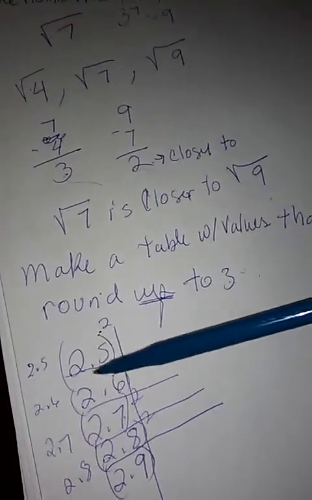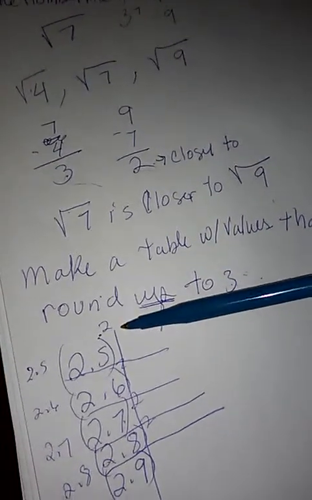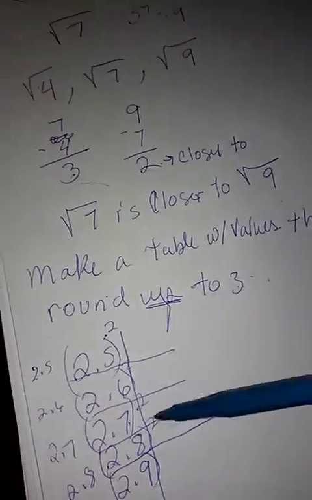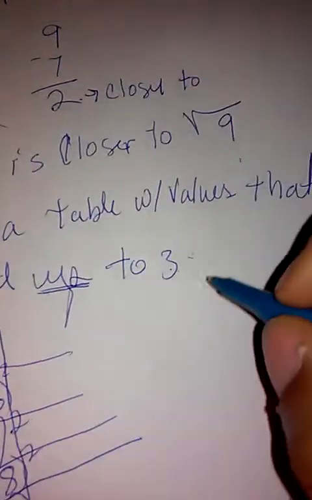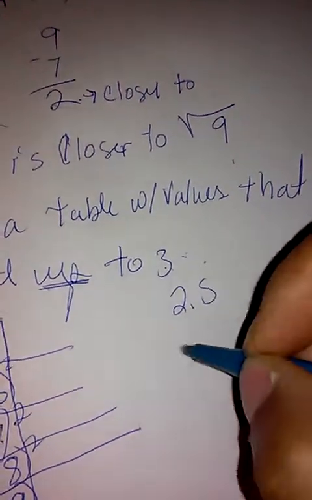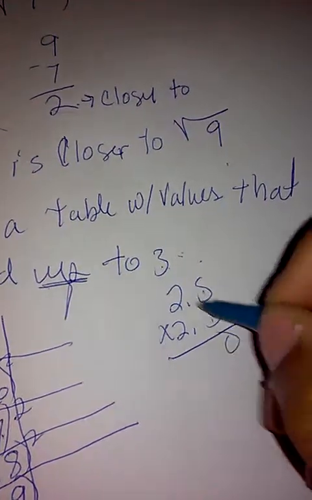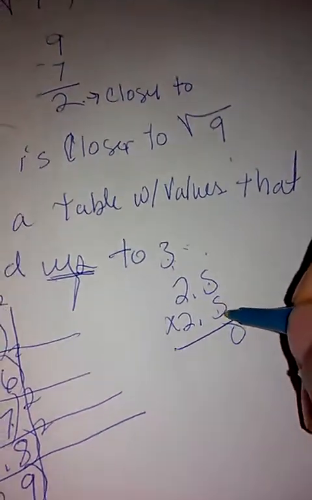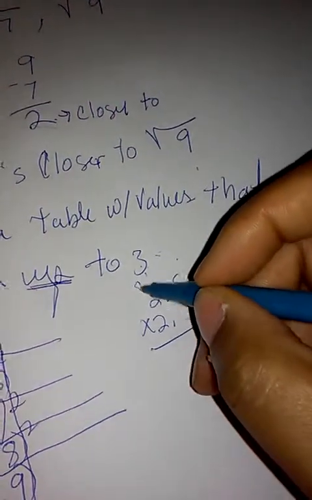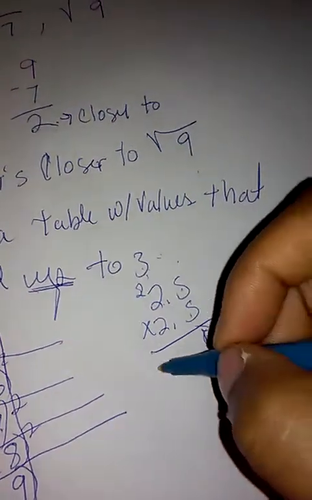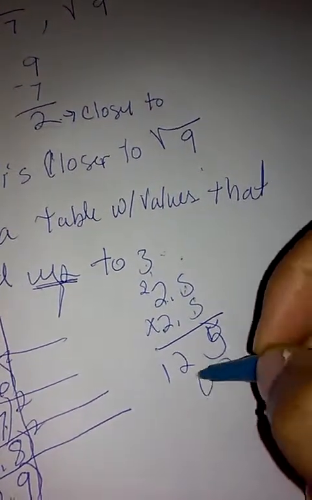So when I multiply 2.5 times 2.5, I used the calculator, but on your test you won't be able to. So 2.5 times 2.5. 5 times 5 is 25. 2 times 5 is 10.